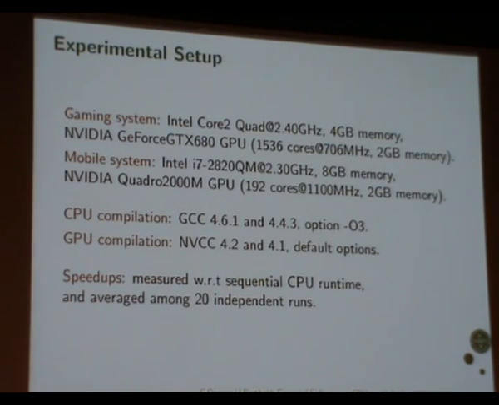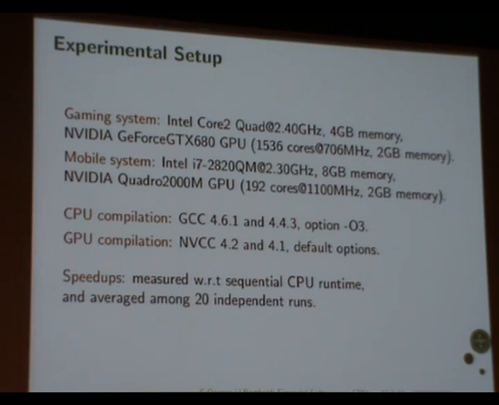So I'm going to show some numbers in the middle of the presentation. For the experimental setup, we have used a gaming system and a mobile system. The results that you are going to see, you should take them with a grain of salt, because, for example, the gaming system is using the latest GPU with 1500 cores, but it's using a rather old CPU.